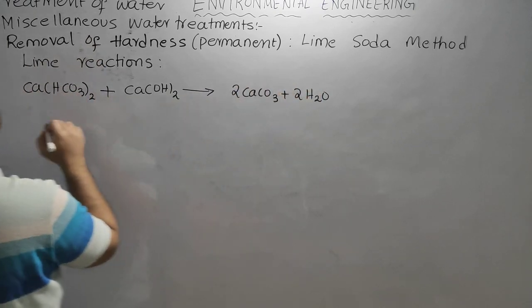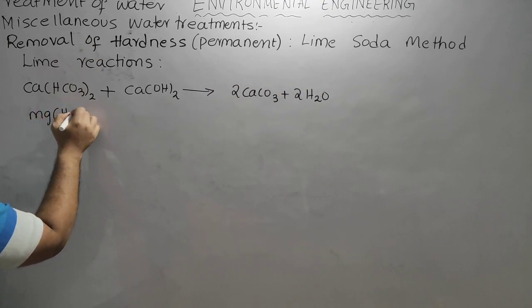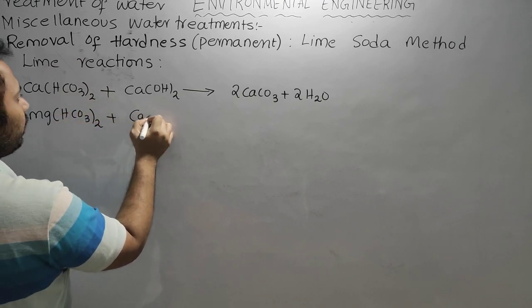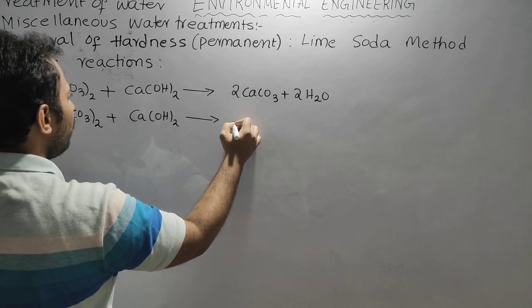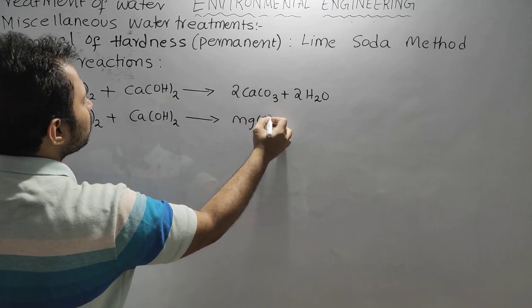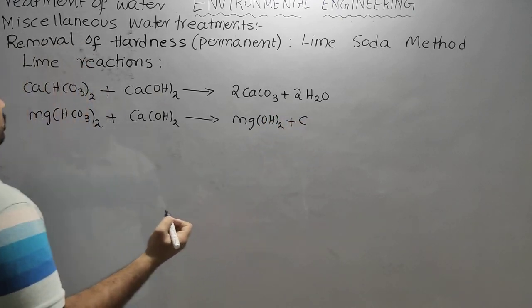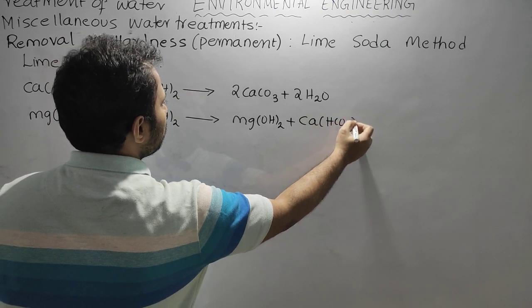And if it is magnesium bicarbonate reacting with lime, it becomes Mg(OH)2 and Ca(HCO3)2.